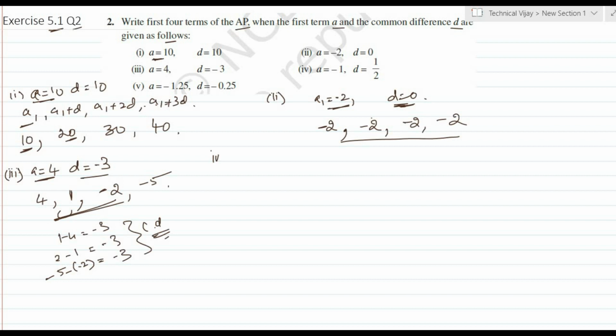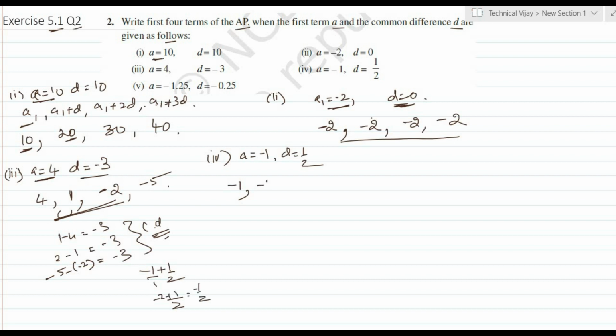And then the fourth one, A is equal to minus 1, D is equal to 1 by 2. So here A is equal to minus 1, the first number will be minus 1 only. Then we have to add this common difference, minus 1 plus 1 by 2, which is equal to, taking LCM 2, minus 2 plus 1, which is equal to minus 1 by 2.